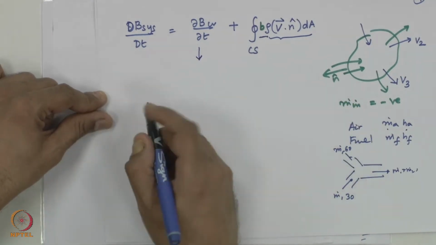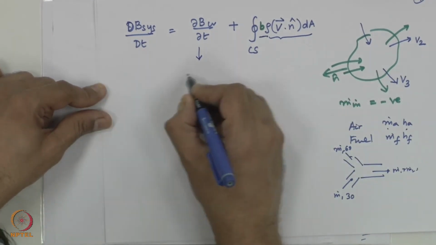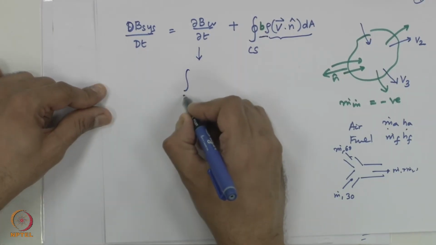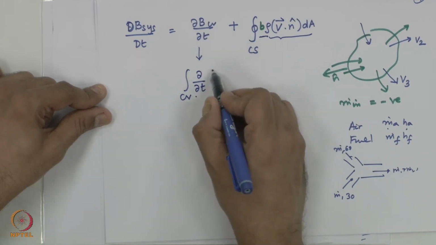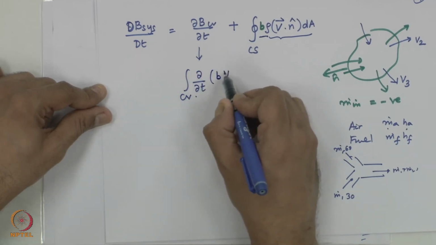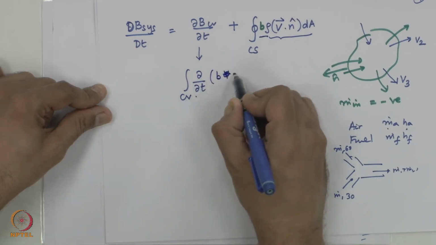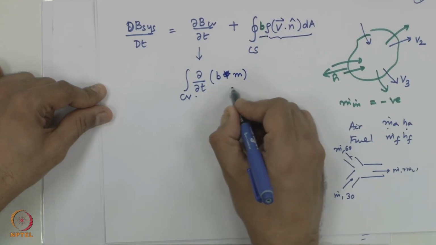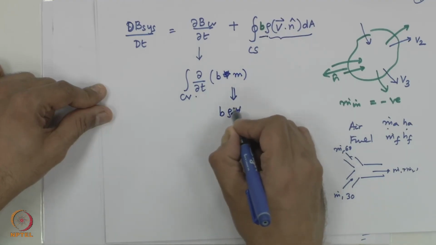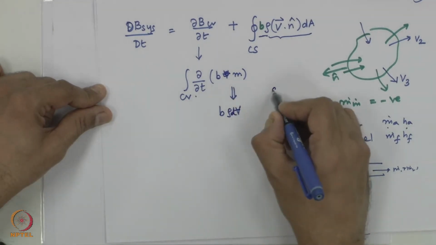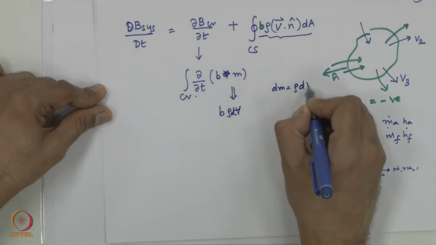This, when you write, is going to be the integral over the control volume of d by dt. Capital B is small b times mass, which is nothing but b times rho into dV. dm is rho into dV.